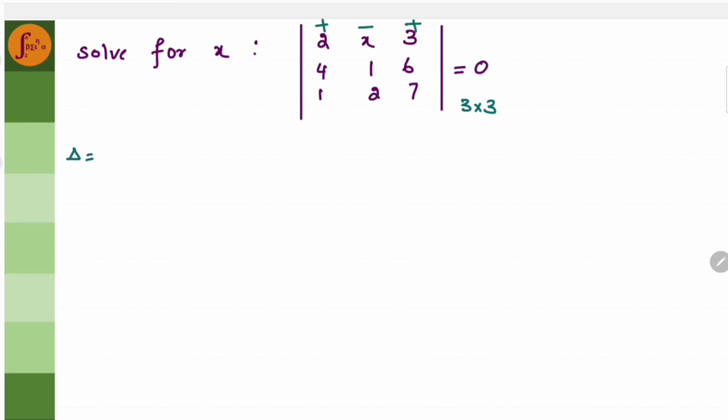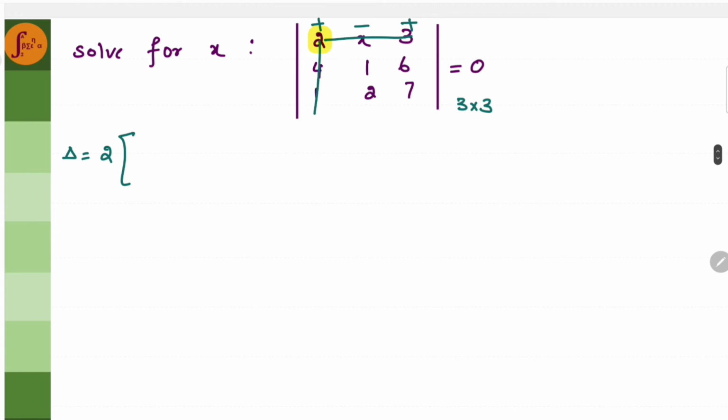The first element is plus 2, so we'll put it as 2 into, what are the elements left? Ignore this row and this column. We are left with 1, 7, 2, 6. So 1 into 7 minus 2 into 6.